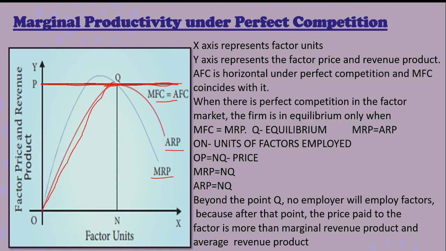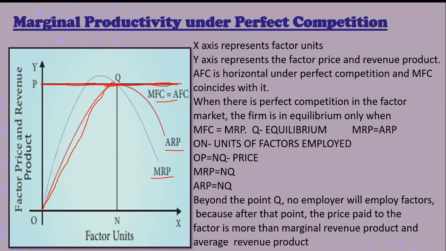When there is perfect competition in the factor market, you have the factors. What are the factors of production? Land, labor, capital, and organization. So in the factor market there is perfect competition.